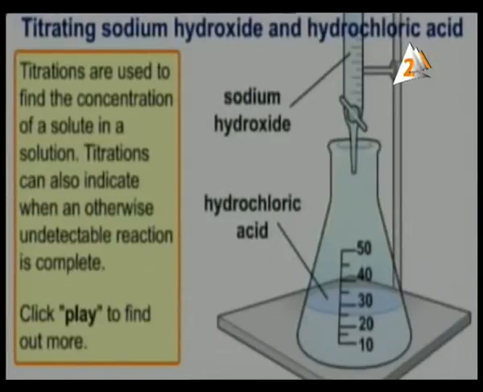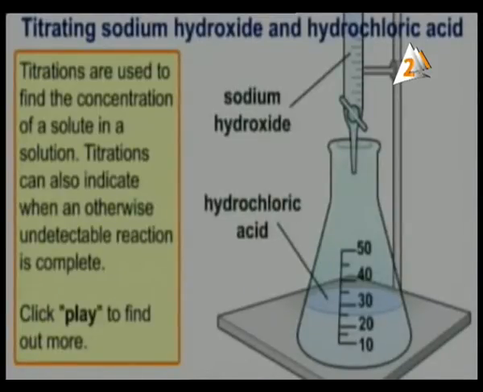Without an indicator, it is an undetectable, incomplete reaction that happens between the sodium hydroxide and the acid. So we use the indicator here to find out the concentration and the volume of each one of the acid and base.